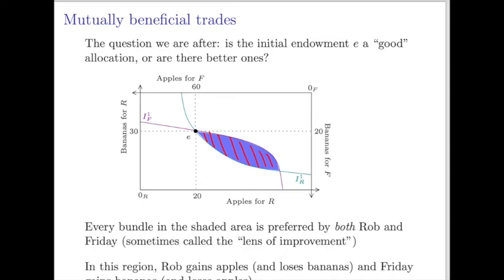So in this region, Rob gets more apples, but he gives up some bananas. On the other hand, Friday gets bananas but gives up some apples. But take any allocation here, like this one right here. Both Rob and Friday think this is a better allocation than E.